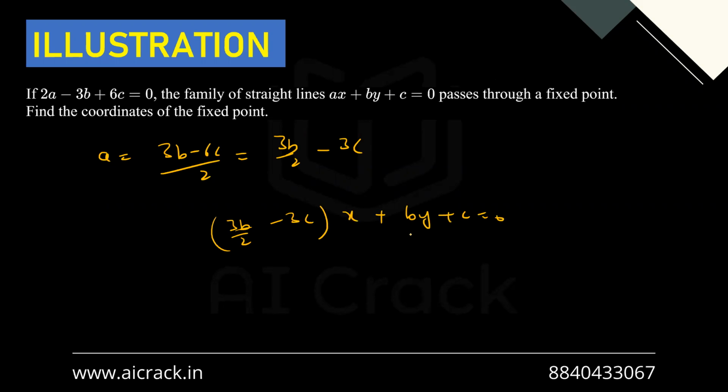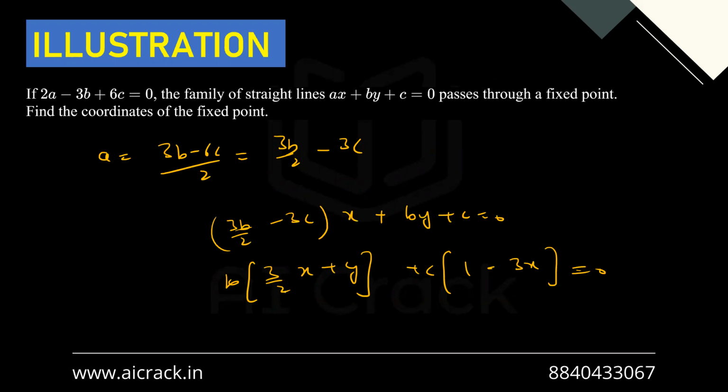Now what I'll try to do is take the b terms together and the c terms together. So for b, I'll be getting b times 3 by 2 x plus y, since b is over here and b is over here. And similarly plus c times 1 minus 3x. This is equal to 0.